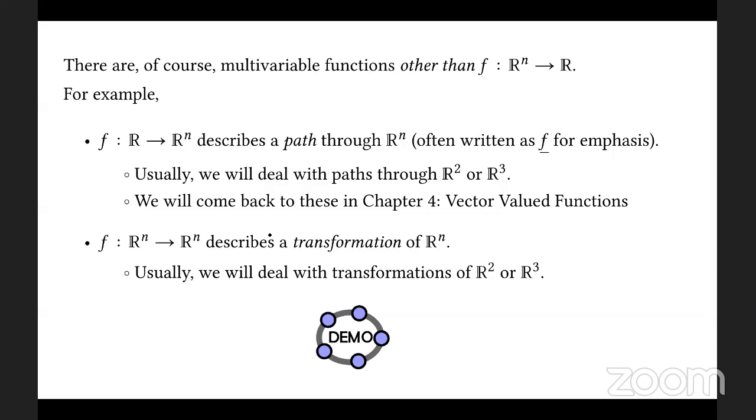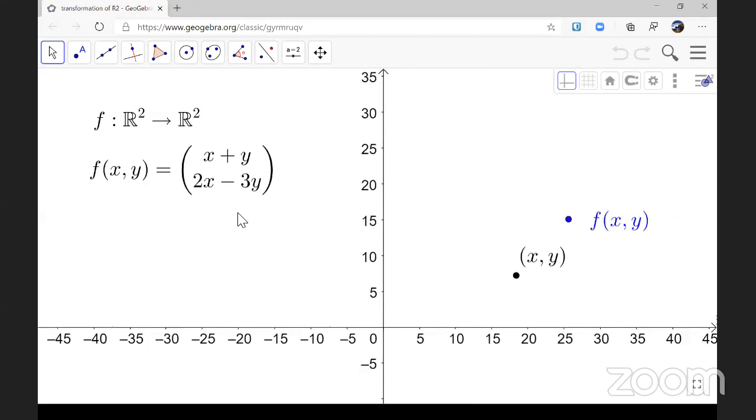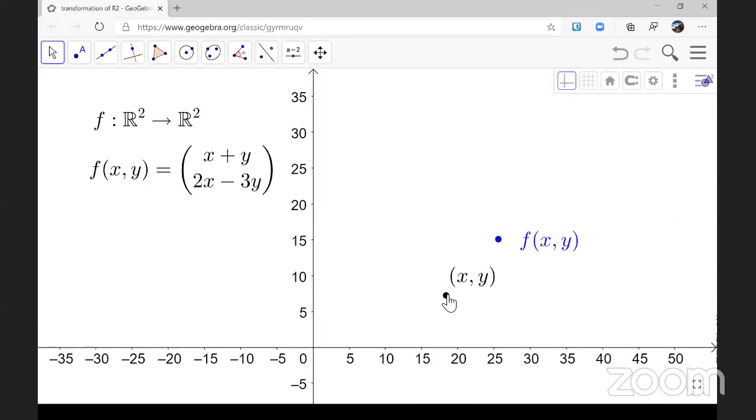Okay, there we go. So I just want to pull up this little demo. This is just to get you an idea of what we mean by transformations of R2 or R3. This is just an example of a transformation in R2. So it's taking as input this vector here, but it's outputting another vector. So here's this input vector. It's like 15, 5 or something, and it outputs over here.